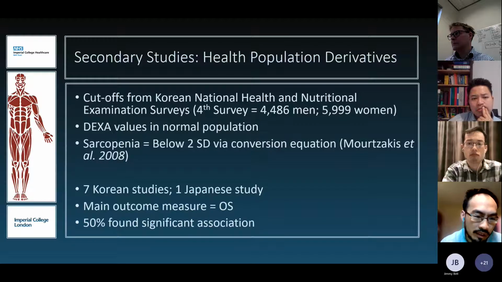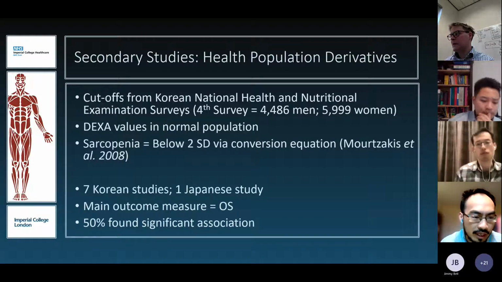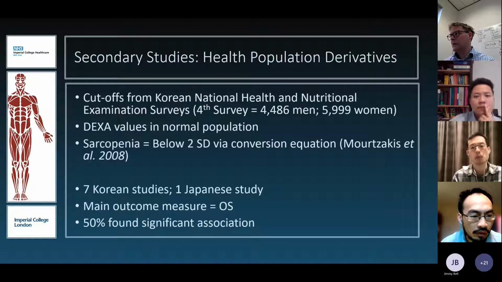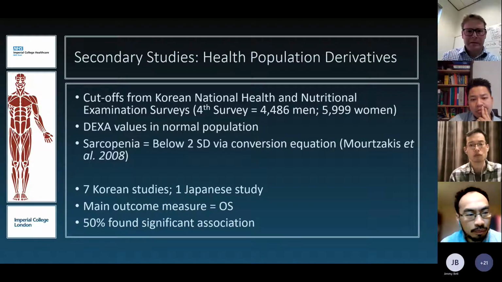And you have 7 Korean studies and 1 Japanese study to look at that. And again, they mainly look at overall survival. And here, if you, for example, take your own demographics cutoffs, slightly more of them were positive studies as such.